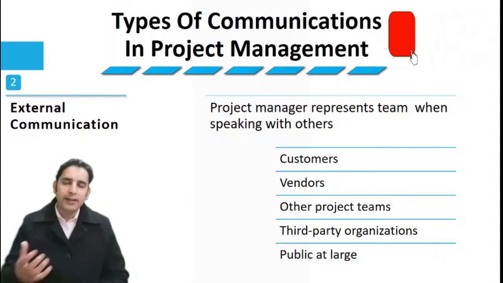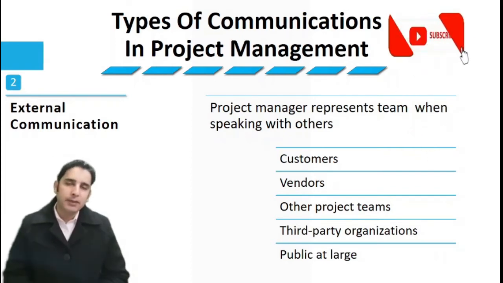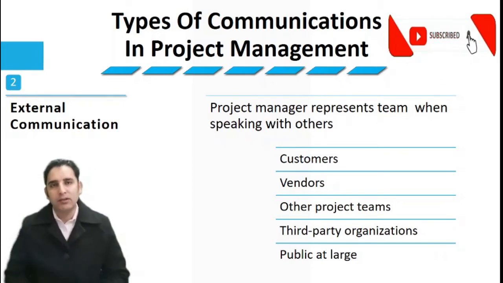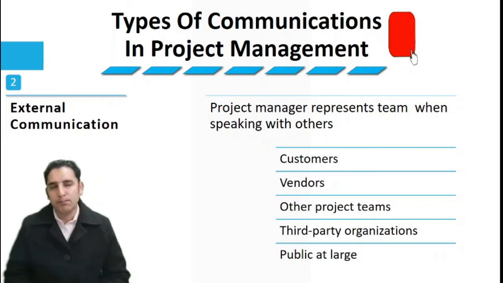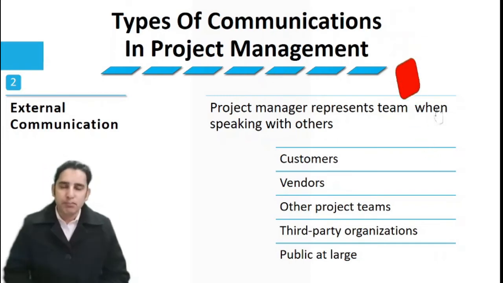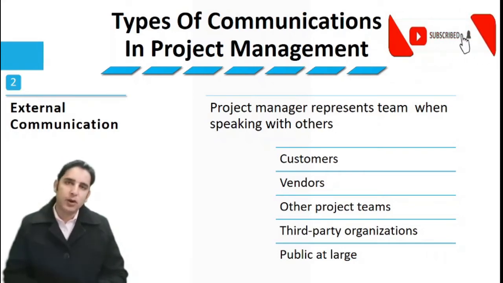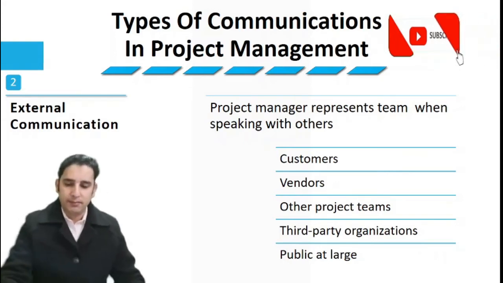Once he takes inputs and feedback from these stakeholders, he'll come back to his team and communicate about these requirements, so the team can understand those high level requirements and focus on the work they are going to build at the end of this project. So this is external communication. I'm really hoping that you now have a better understanding of the difference between internal communication and external communication.